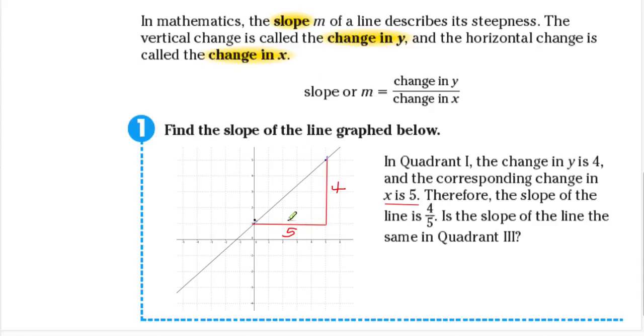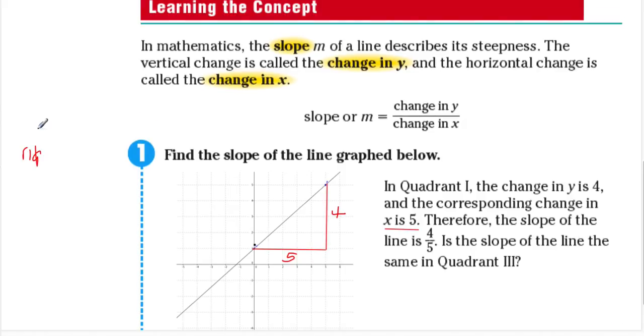One thing you need to know is every time you move to the right or go up, that is a positive change. Every time you move to the left or you go down, that is a negative change.